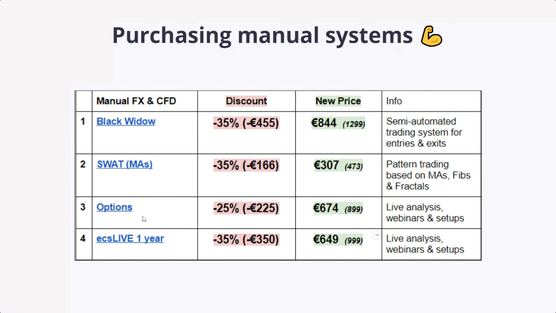Options is another option. Basically, that is a different type of trading. It is not for Forex and CFD; it's a way of trading stocks. It basically allows you to either protect your portfolio if you have stocks against the downside, for instance, or if you're trading to the downside and you want to have some protection if price goes up instead.